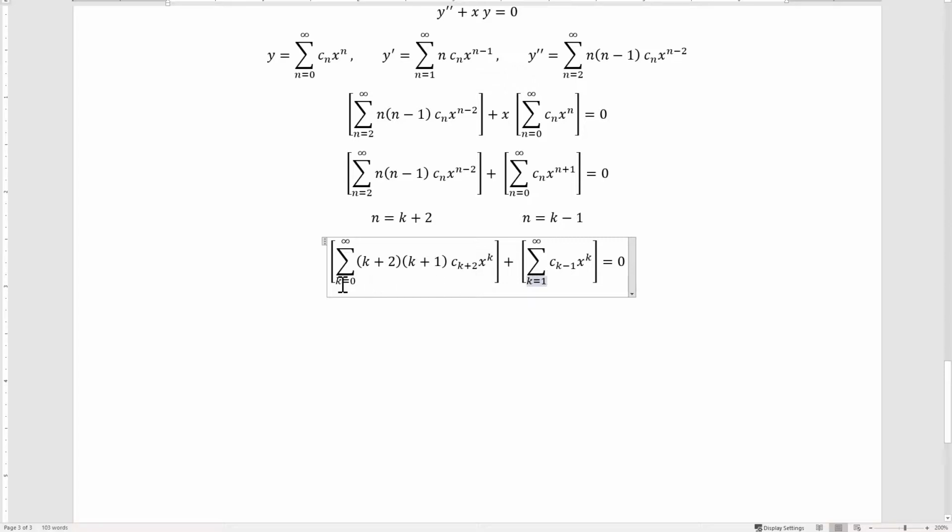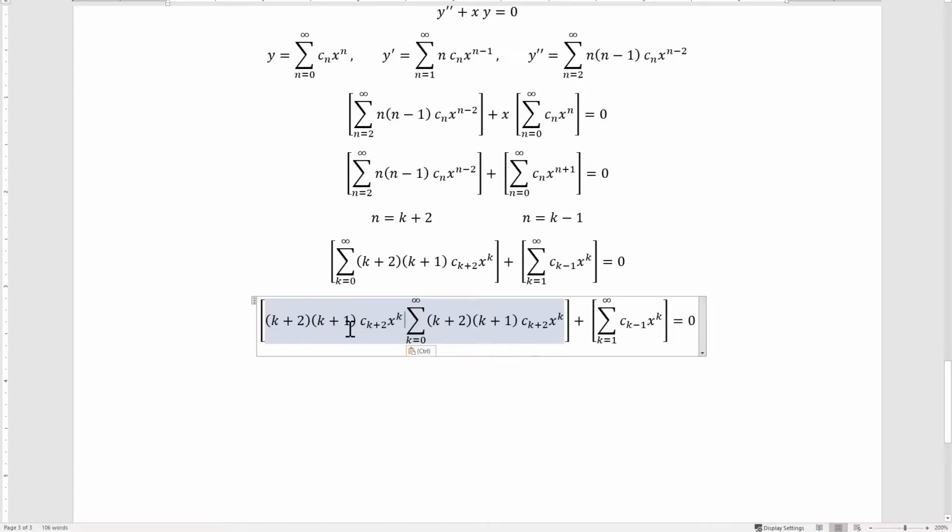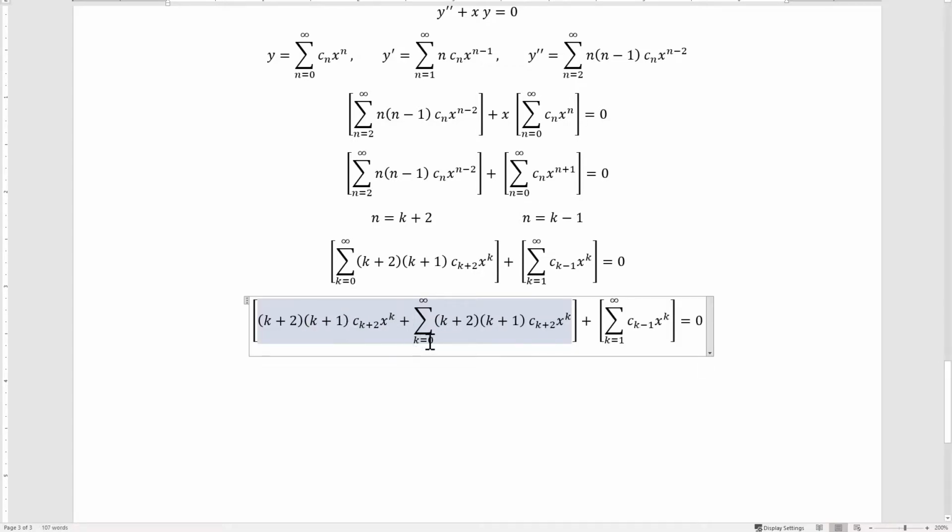We do need to make sure that the index is in the same starting point. So the first index starts at 0, the second index starts at 1. So I'm going to want us to start at 1, which means we pull out the k equals 0 term, so that we can start the sum at 1.